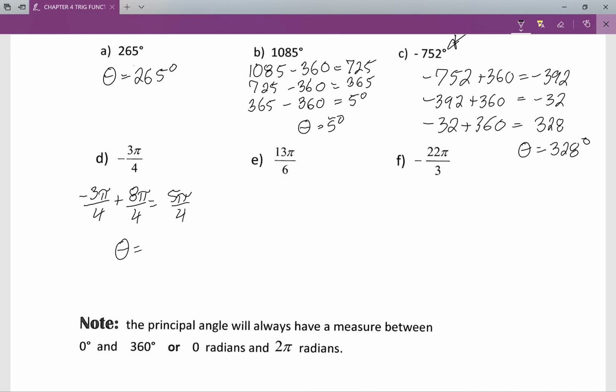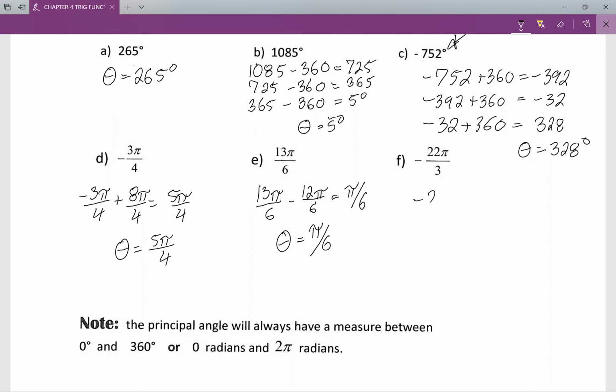So in this case, my principal angle is theta equals 5 pi by 4. Next, 13 pi by 6. I minus the 2 pi, which will be 12 pi by 6, which will give me pi by 6. So in this case, I get my theta equals pi by 6.